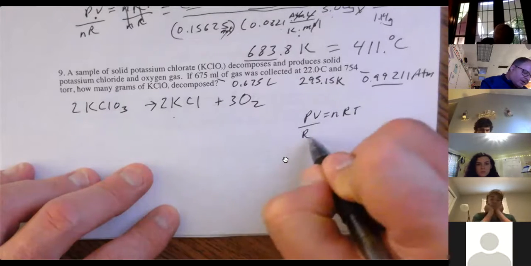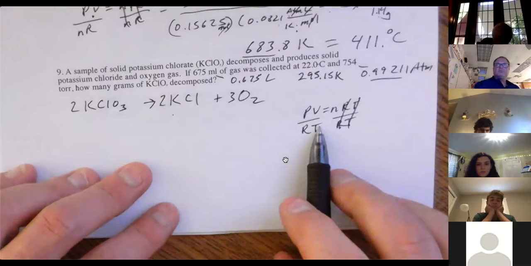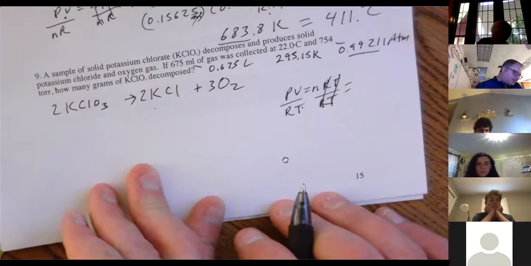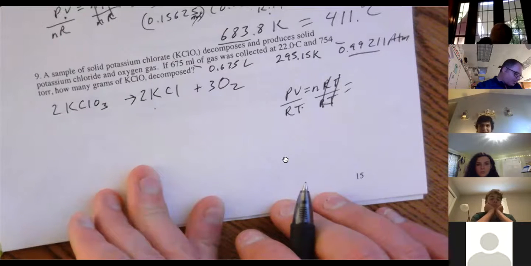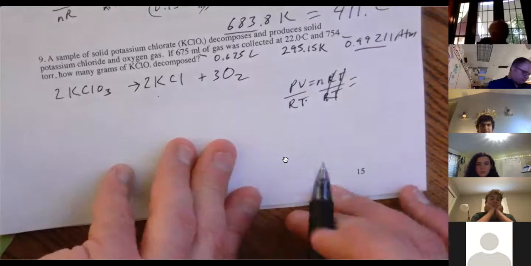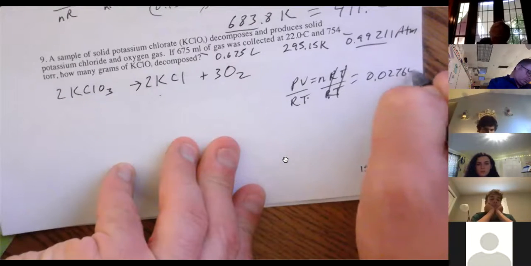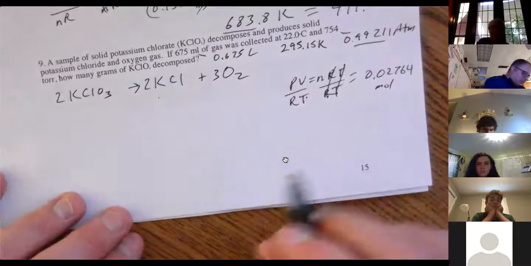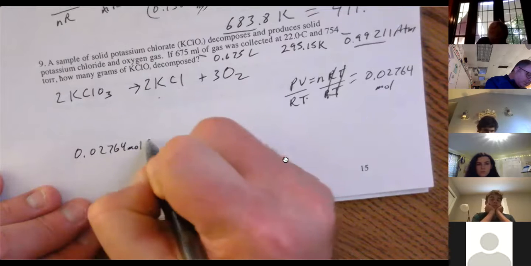We want to solve for N. So 0.99211 times 0.675 divided by 295.15 divided by 0.0821. The answer is about 0.02763. So that's the number of moles of O2. So 0.02764 moles of O2.